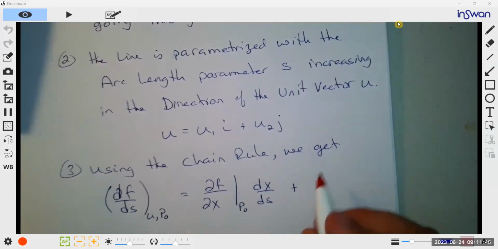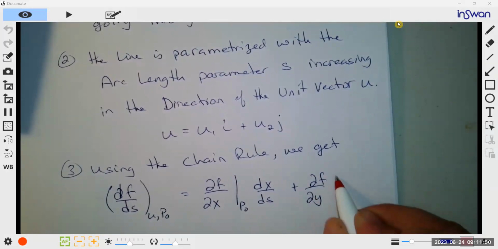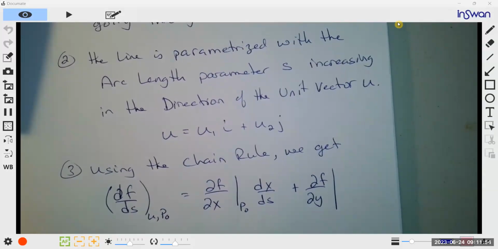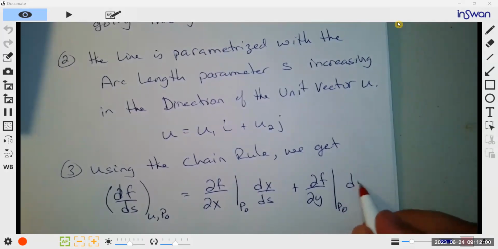That's the first part, and we do the same thing with the other: the partial of f with respect to y at P sub 0, and the derivative of y with respect to s.